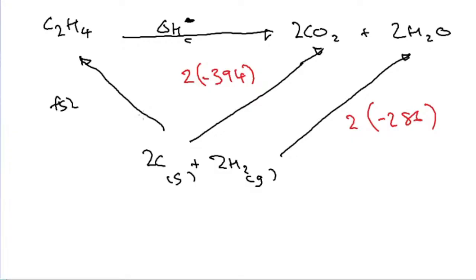So we've got 572 plus 788, that's 1,360, and it's a minus. 1,360 minus, and that's the number of kilojoules.